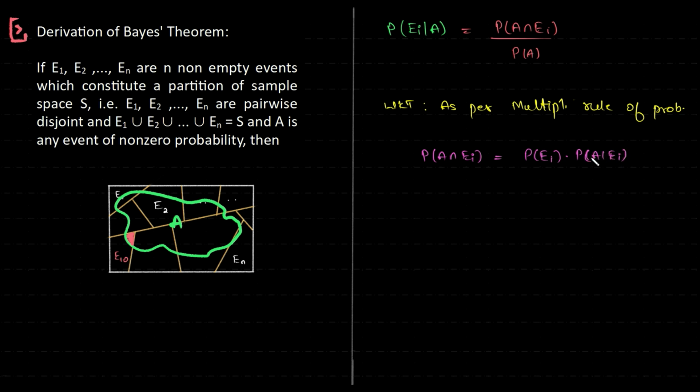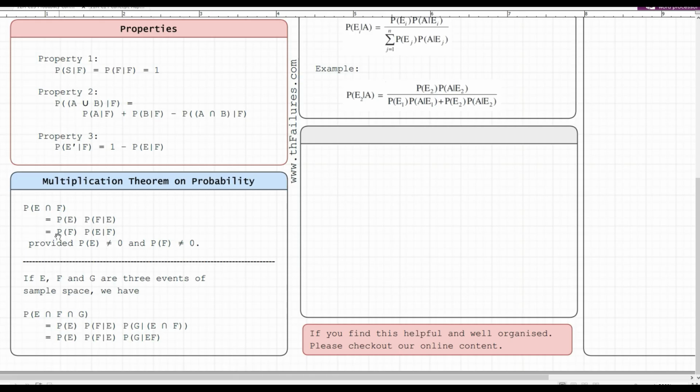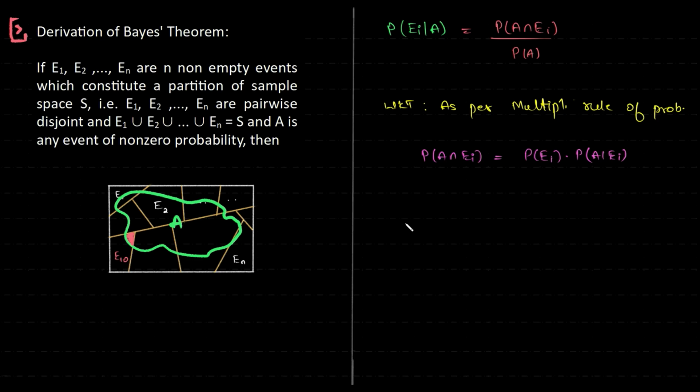Is it not? So this is one of the ways in which we can obtain the intersection of A and Ei. We have seen this. We have two different ways.